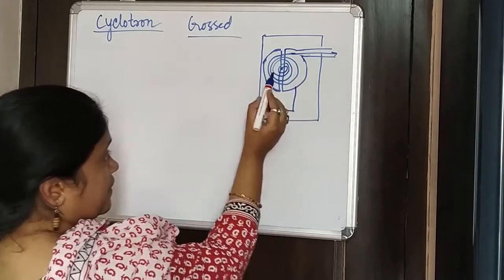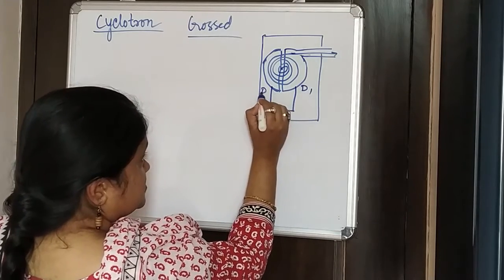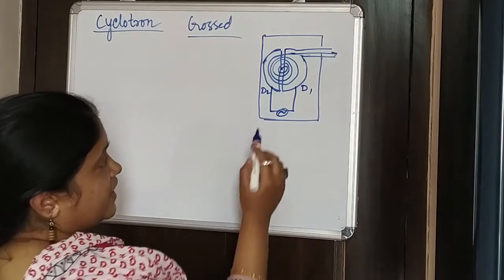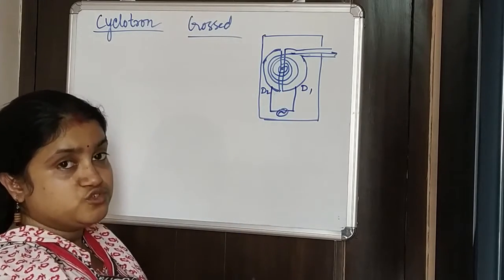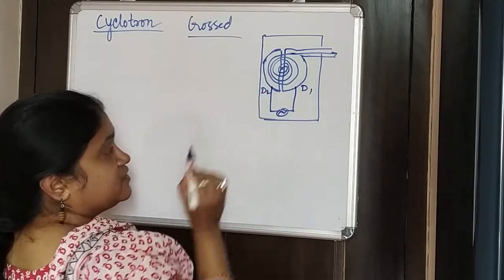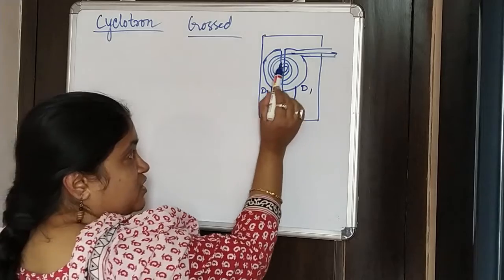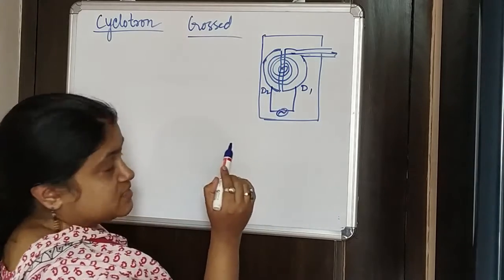Suppose this is D1 and this is D2, the two discs, and a positive charge like a proton, positron, deuterium, any positive charge, is kept at the center between these two discs.